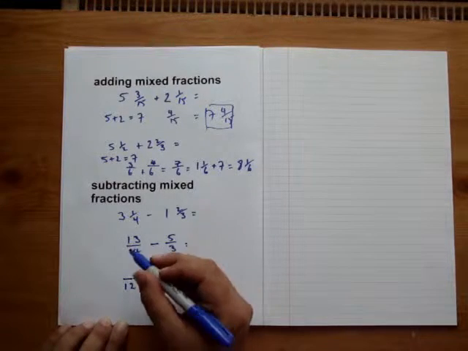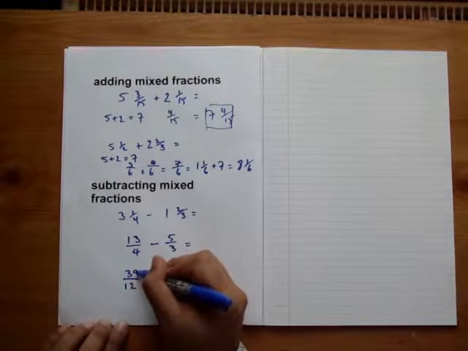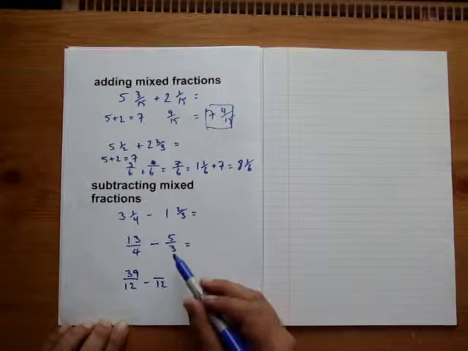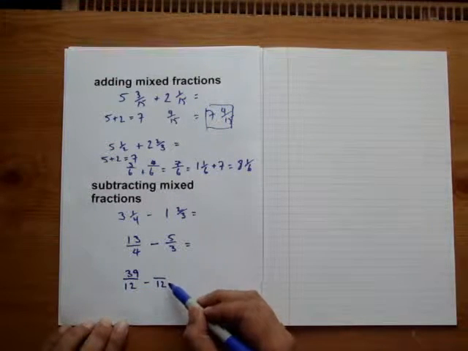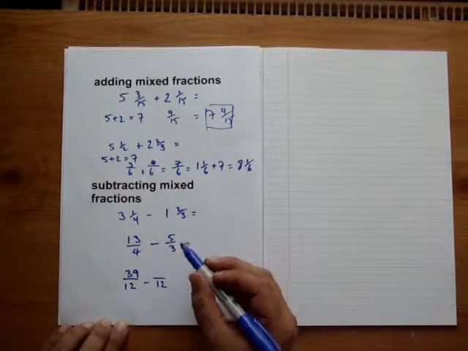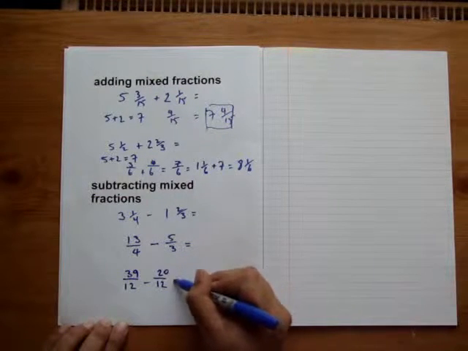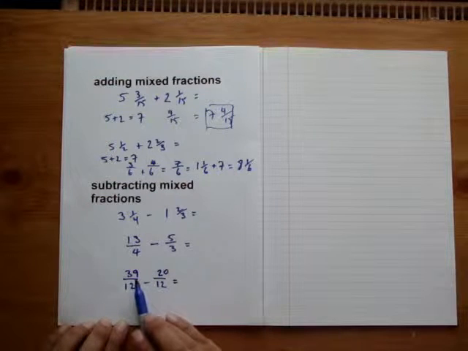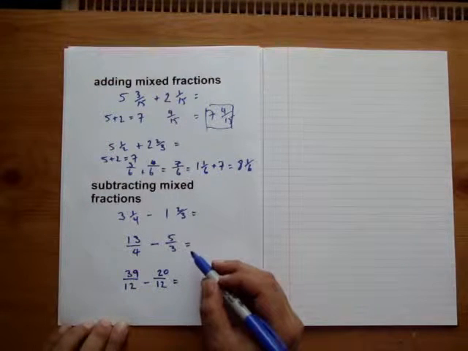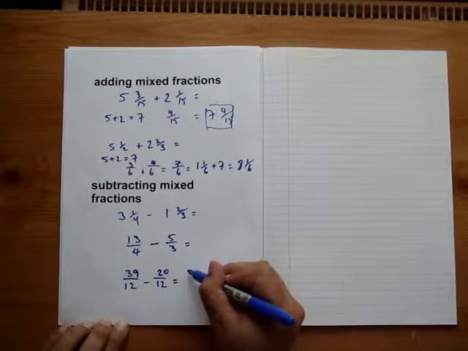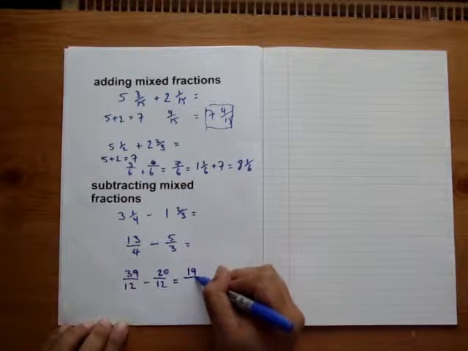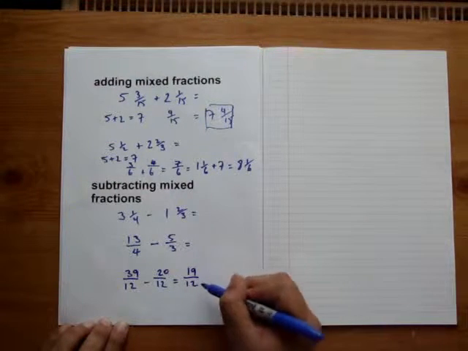So multiply the top by 3, that makes 39. What did we do to the 3 to make a 12? Multiplied by 4. So multiply the top by 4, so 4 times 5, 20. Now subtract: 39 minus 20 is 19, and the denominator remains the same.